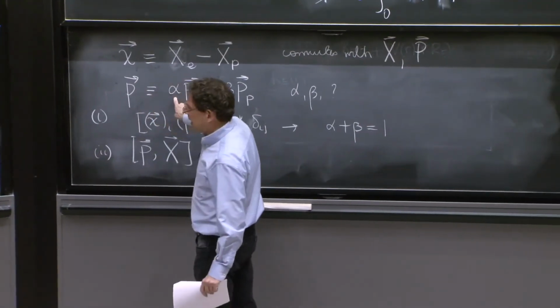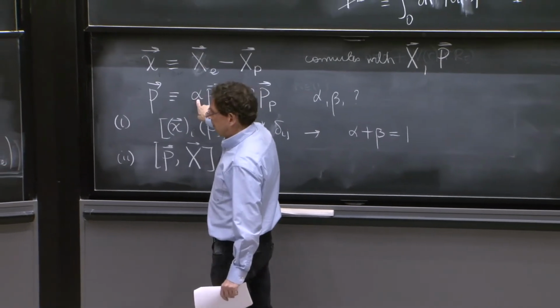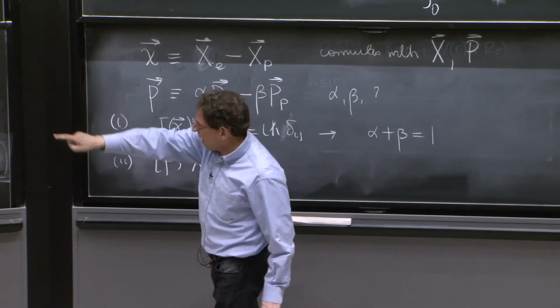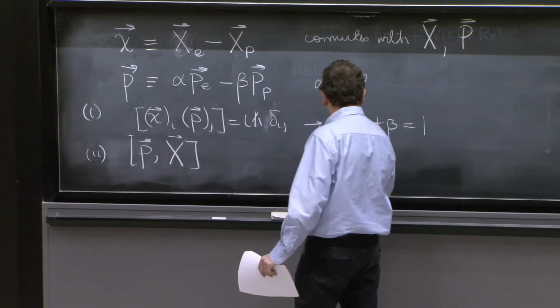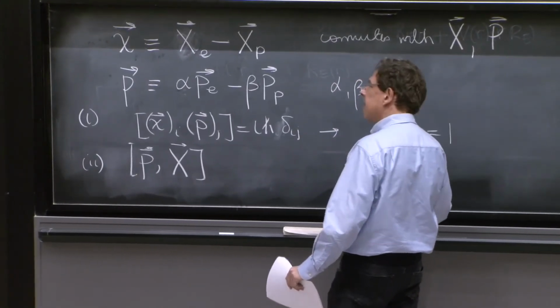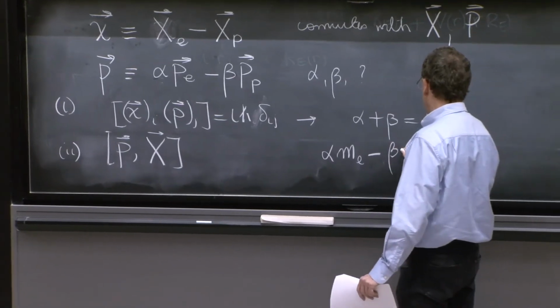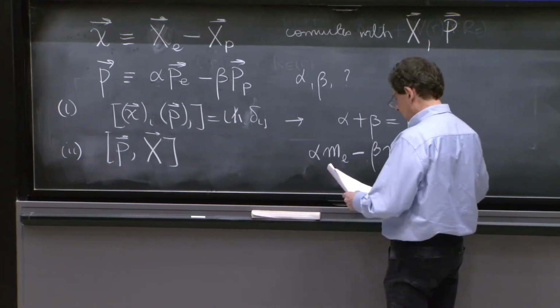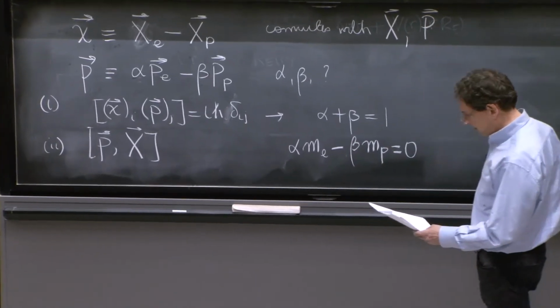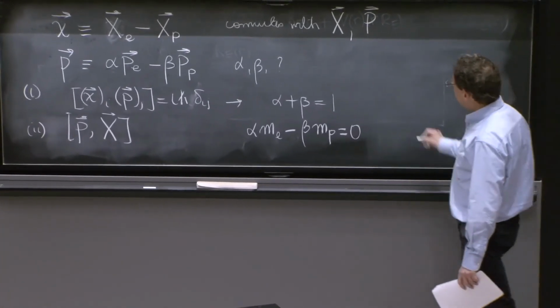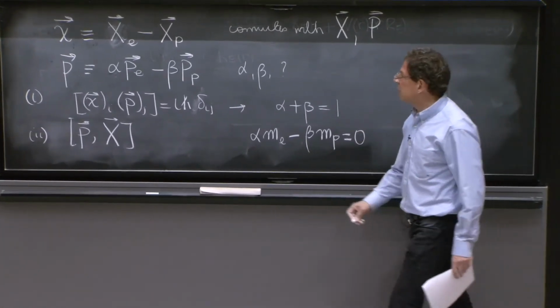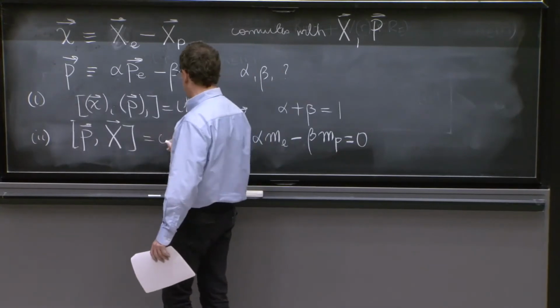Well, alpha of the p of the electron goes with m_e, so it's something like alpha m_e minus beta m_p is equal to 0. And please, this commutator should be 0.